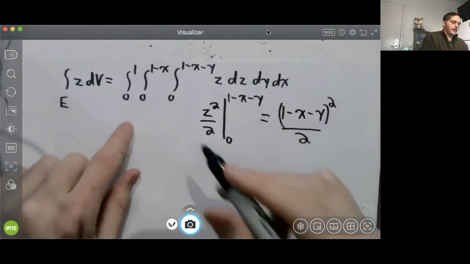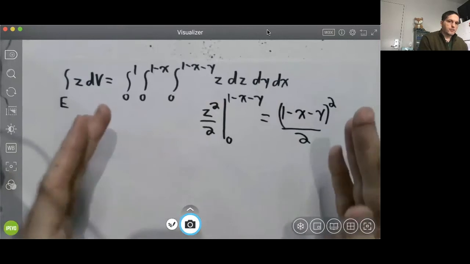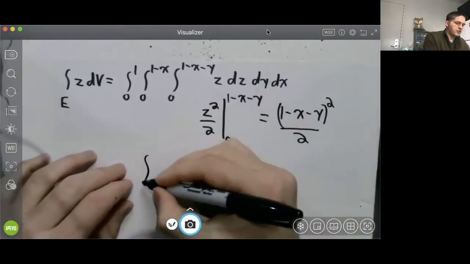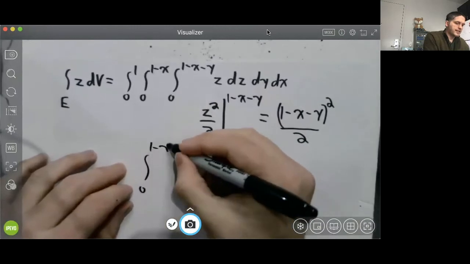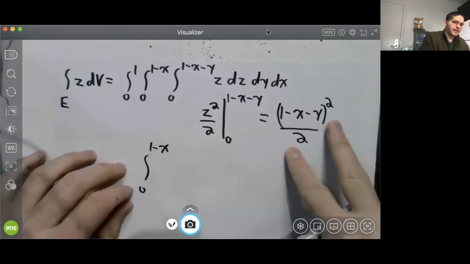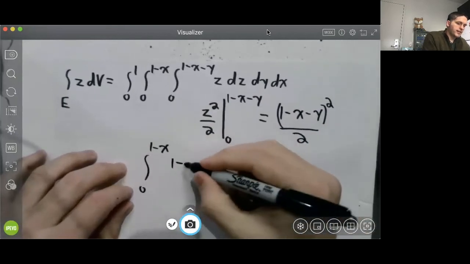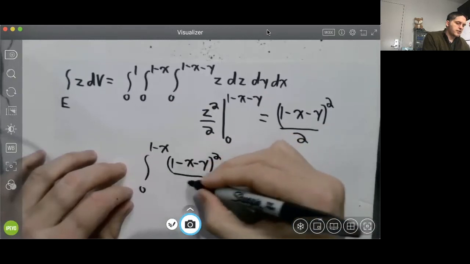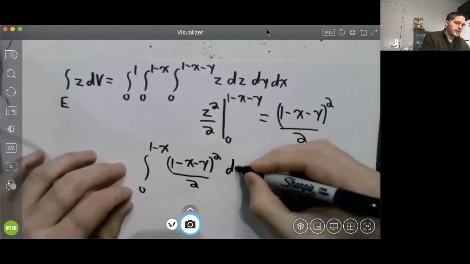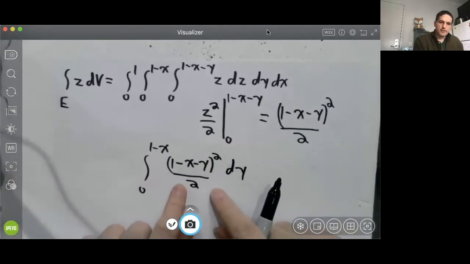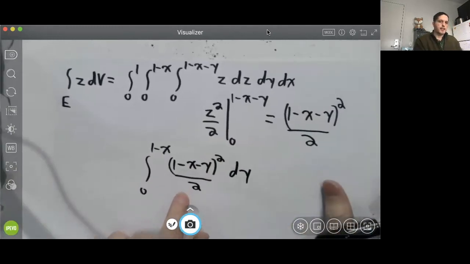Now, let's do the next innermost integral, this integral with respect to y. We have the integral from 0 to 1 minus x of (1 minus x minus y) squared over 2 dy. We need to find an antiderivative of this with respect to y.